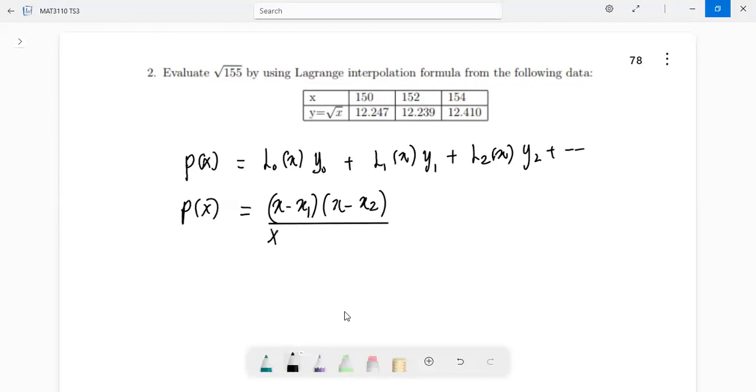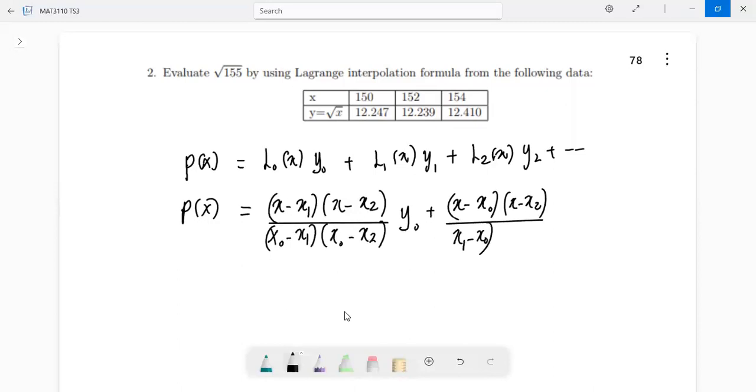So this will be x0 minus x1, x0 minus x2, and then times y0, plus the next one, L1. Here you don't have x1 in the numerator, so this will be just x minus x0, x minus x2. And in the denominator, you're going to subtract everything from x1, so x1 minus x0, x1 minus x2. And this is times y1.